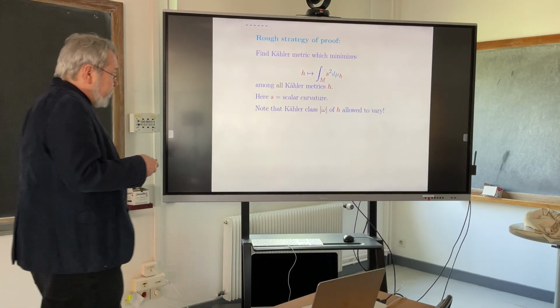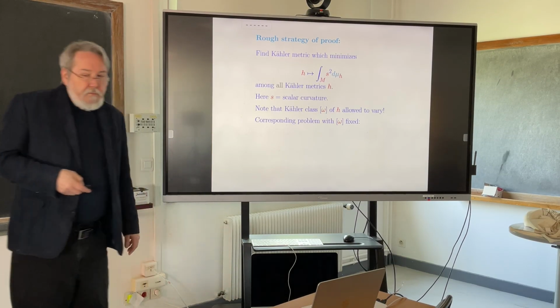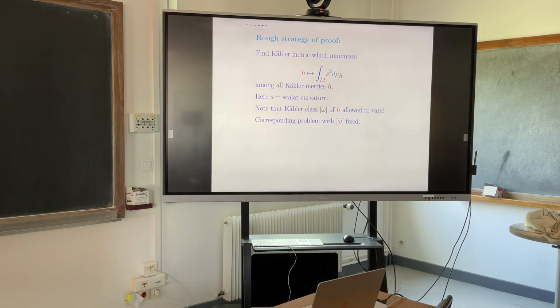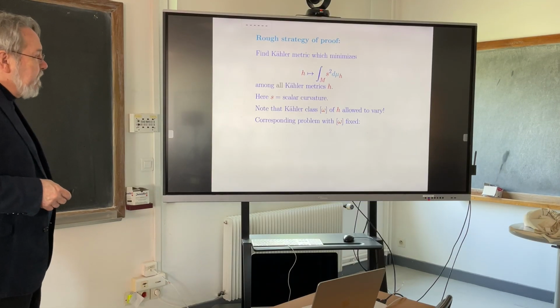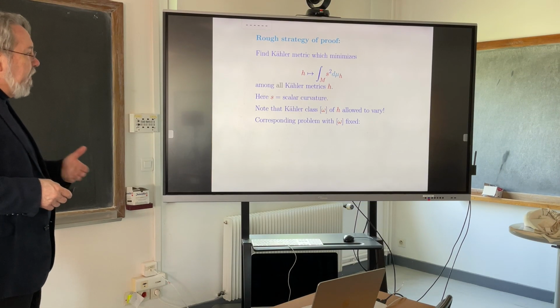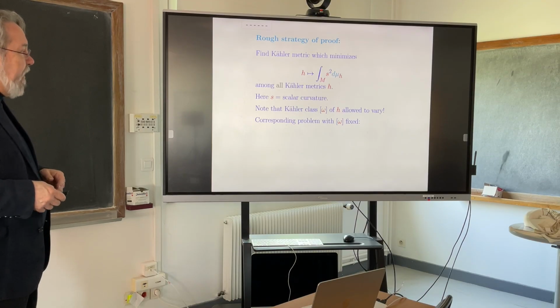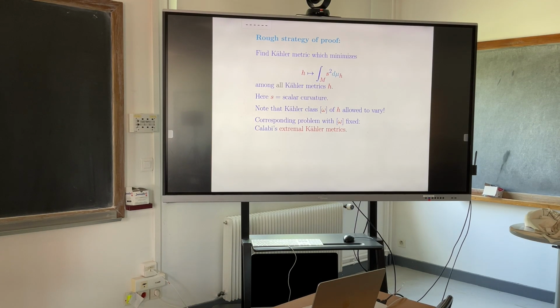So in this problem, the Kähler class is allowed to vary. But there's a famous version of this problem where instead you fix a Kähler class. Given a particular Kähler metric, it determines a Kähler class, and you only consider the problem of minimizing the integral of S squared among metrics in that fixed Kähler class.